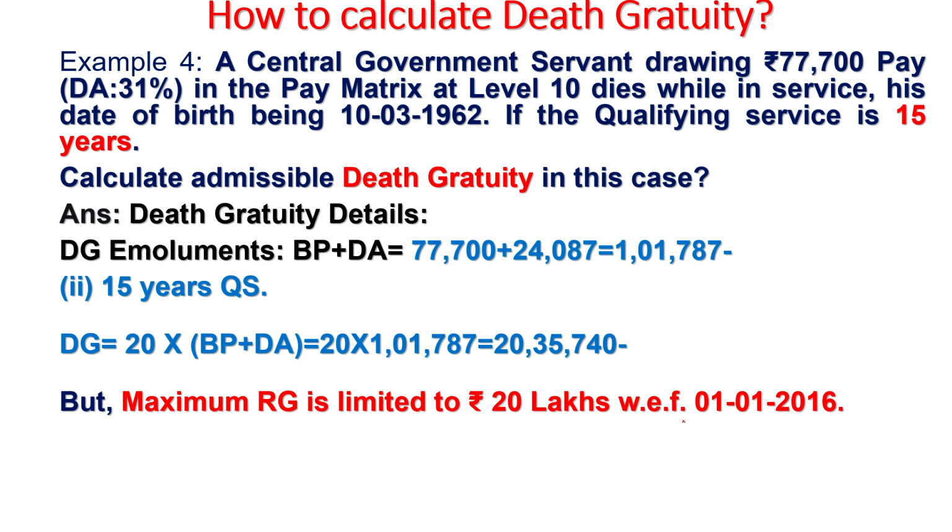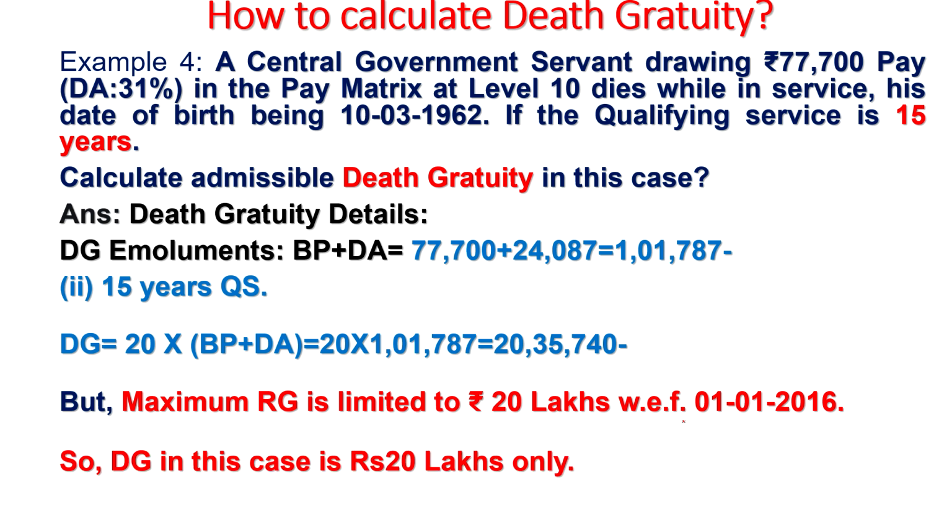So 20 into basic pay plus DA, that is 20 into 1 lakh 1,787, comes to 20 lakhs 35,740, and we know that it should be restricted to 20 lakhs. So 20 lakhs will be paid, and DG in this case will be 20 lakhs only. Though the calculation comes beyond 20 lakhs, 20 lakhs will be paid because of the ceiling.